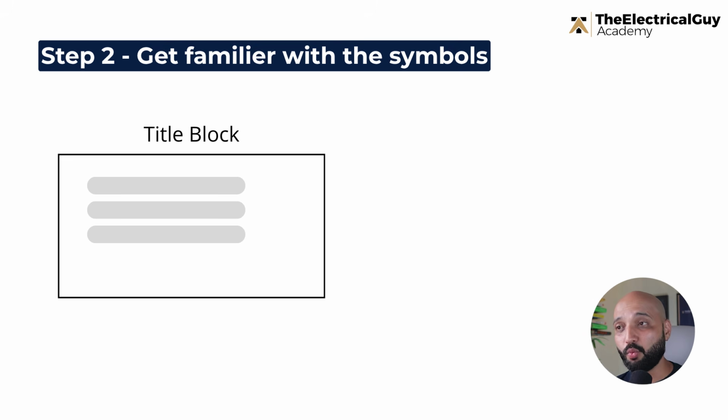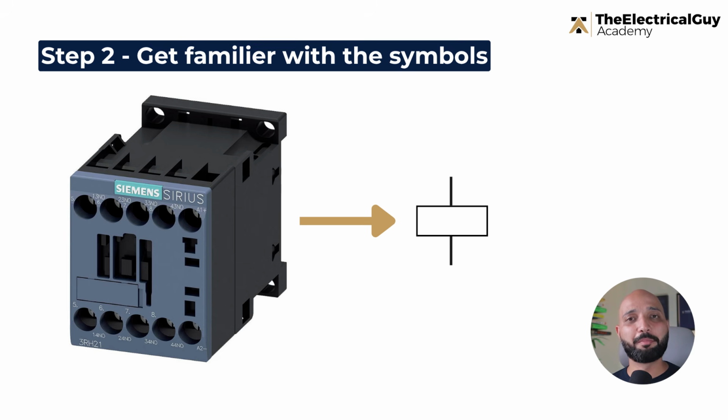Now, once you understand what this drawing is about, the next thing you have to understand is what are the different symbols we use for the different components. We do not represent a contactor with a contactor image in the drawings, right? We represent it using a standard symbol.